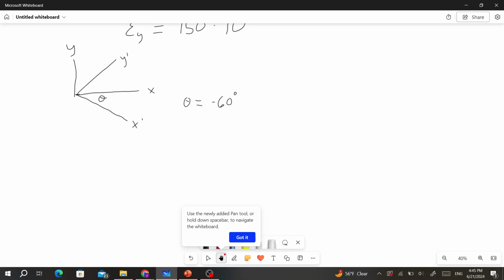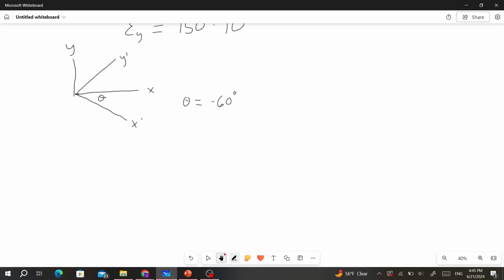We want to make sure we have our signs right when plugging everything into the equations. From here, it's a simple and straightforward problem. We're going to plug what we know into the strain transformation equations.